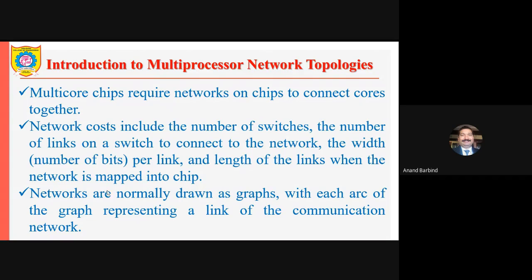These networks are normally drawn as graphs with each arc of the graph representing a link of communication network. So usually on the graphs we draw a node and the path between the nodes through which the communication can happen.